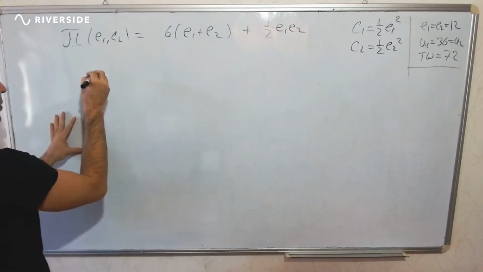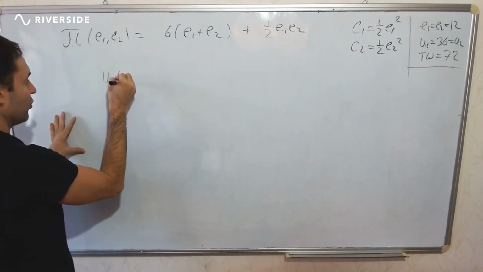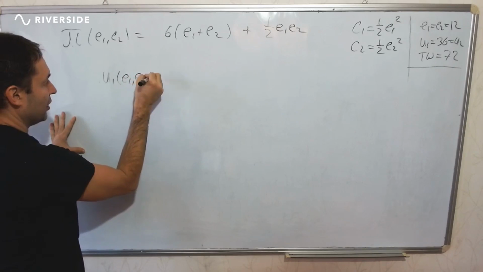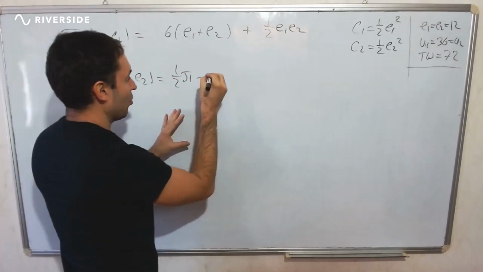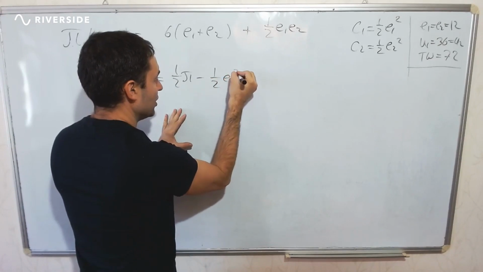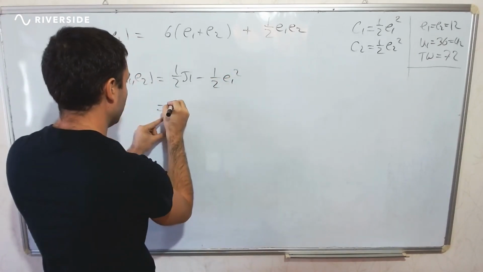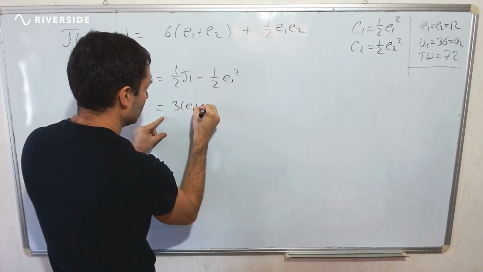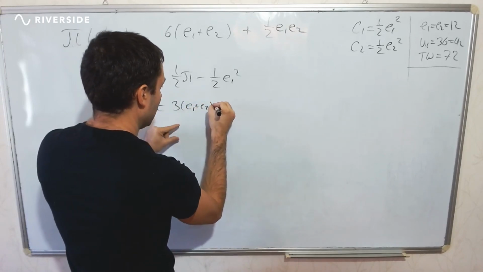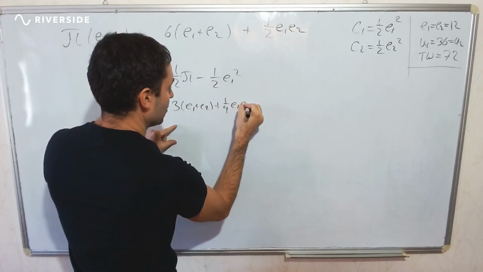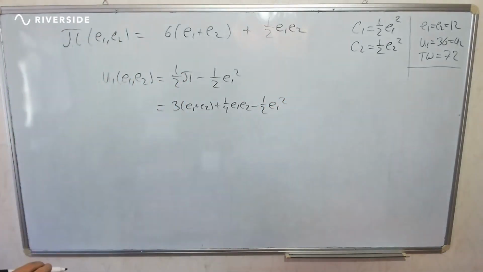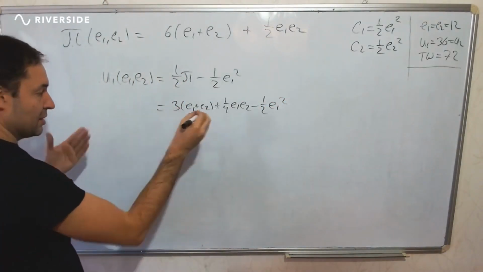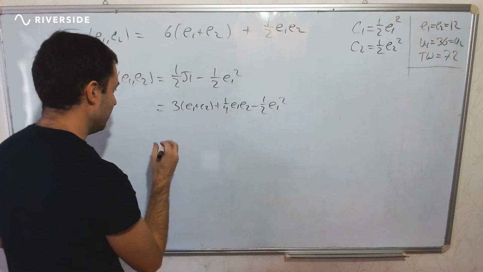His utility as a function of effort levels is half of the profit minus his cost, and half of the profit will be 3(E1 + E2) + 1/4 E1 E2 minus 1/2 E1 squared. Now our agent will maximize this, taking E2 as given.